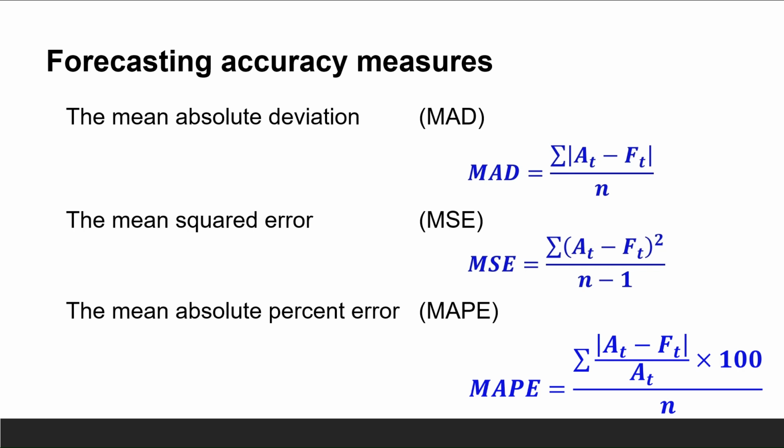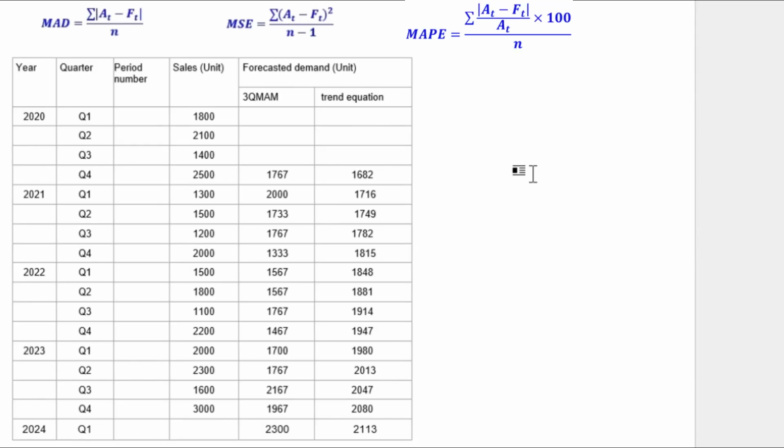Let us apply these three measures in a case study. In this case study, we have the actual sales for a certain company from the first quarter of 2020 to the fourth quarter of 2023. And the demand forecast was calculated from the fourth quarter of year 2020 till the first quarter of year 2024 using two methods.